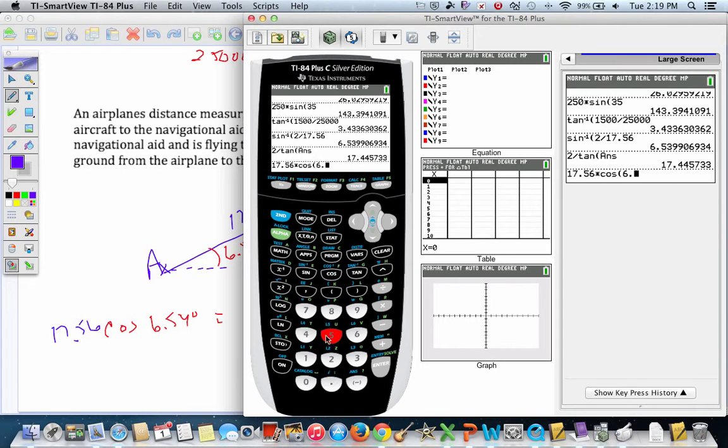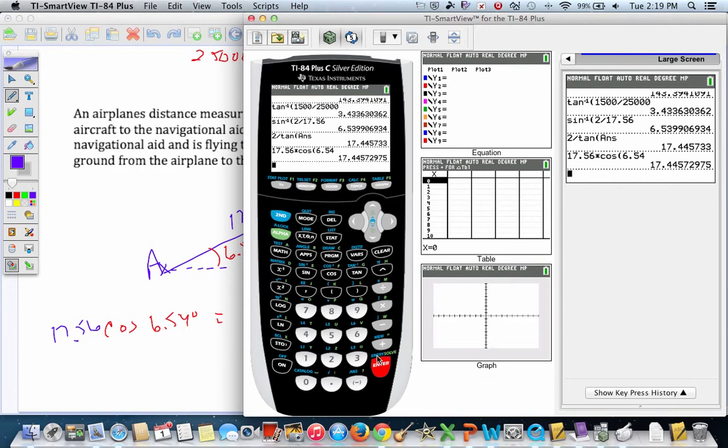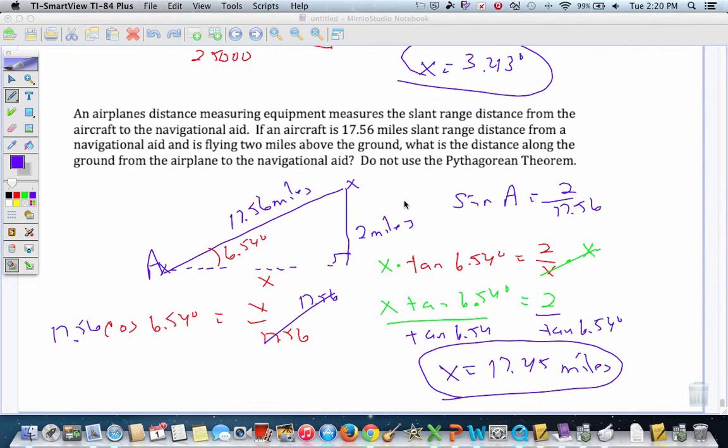And I'll just show you how that winds up being the same thing. 17.56 times the cosine of 6.54. Pretty much the same number, 17.4457. So the first 4 digits were the same. Okay, so a couple different ways, or trig functions, we could have used to solve for that particular missing side.